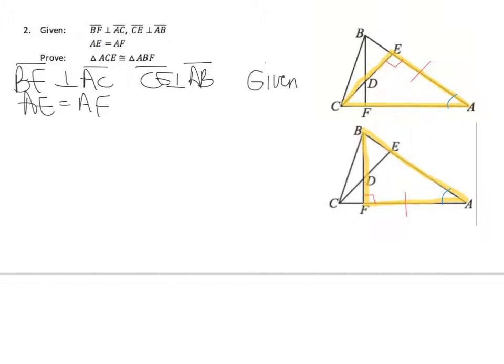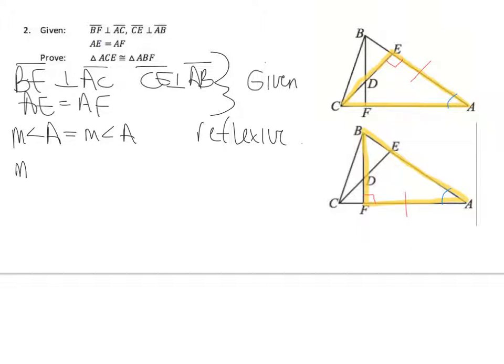Let's work through the words we need. The measure of angle A is equal to the measure of angle A because of the reflexive property. Everything else is given. I do need to say that those right angles are congruent. First of all, let's call them right angles, because right now they're just perpendicular.